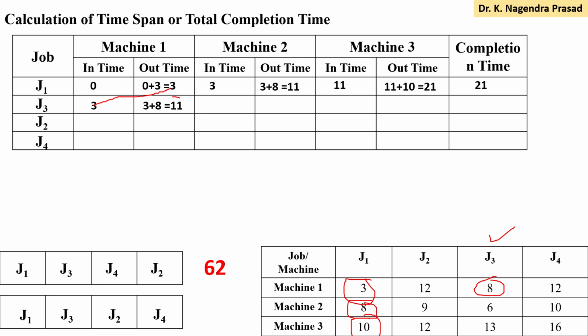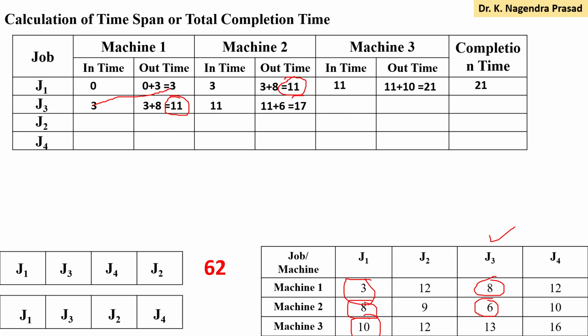And next for machine 2, compare the out time of machine 1 and machine 2. Both are 11, so the in time is 11 and the out time is 11 plus 6, which is equal to 17.